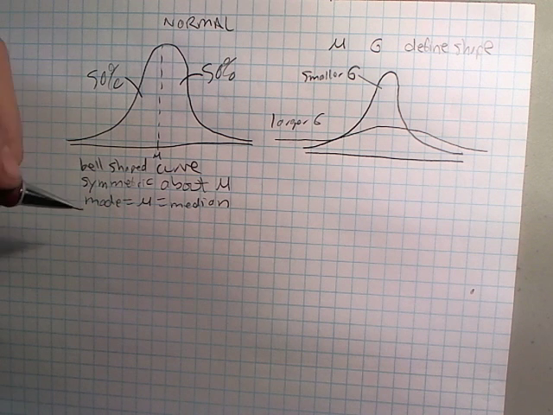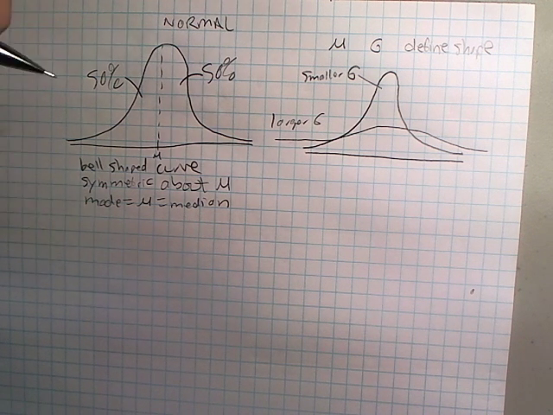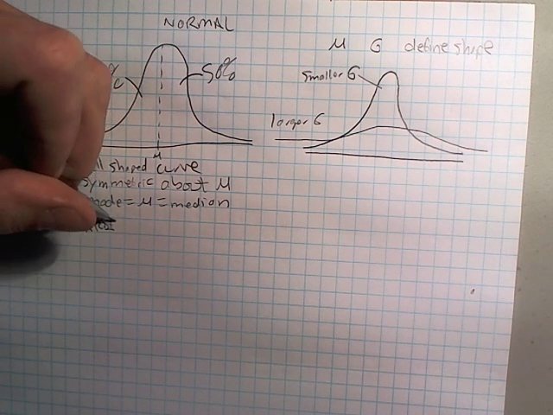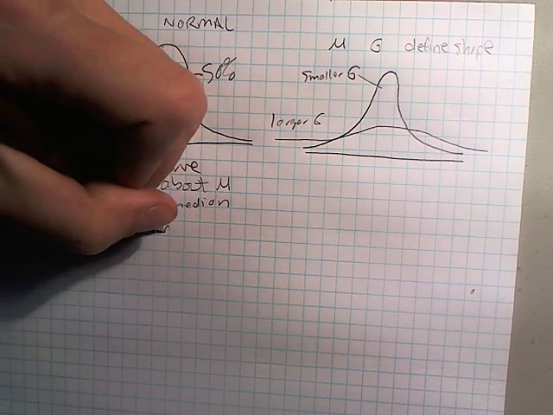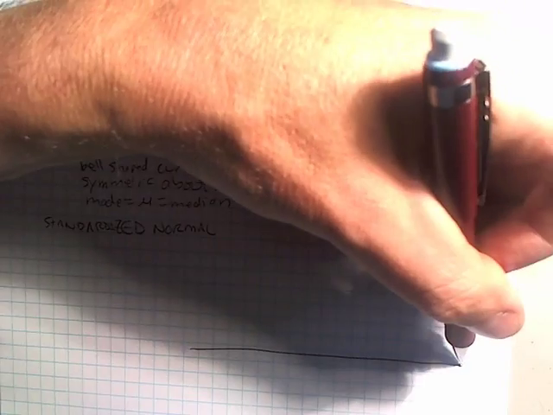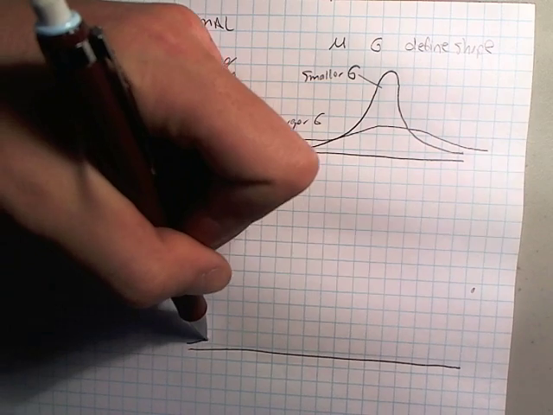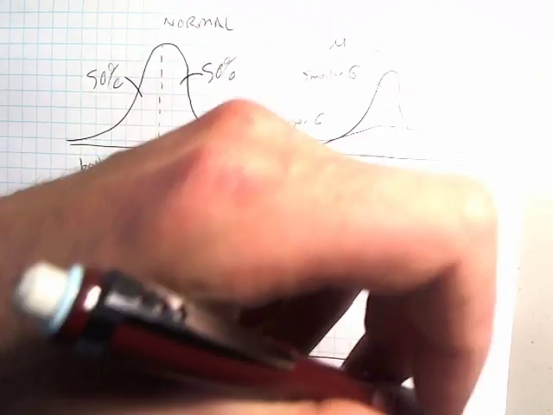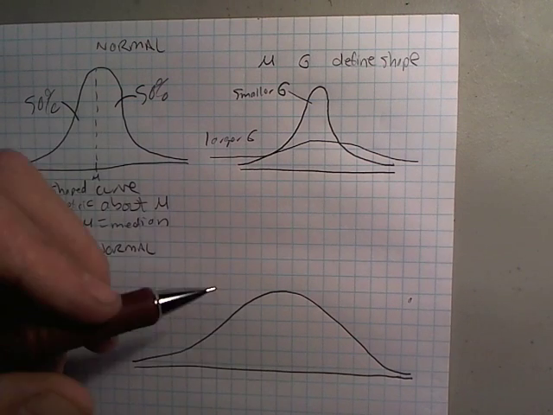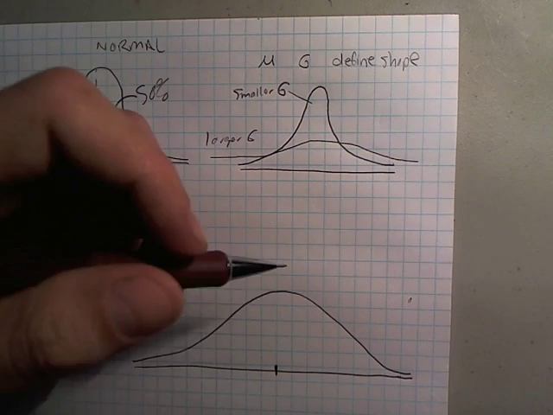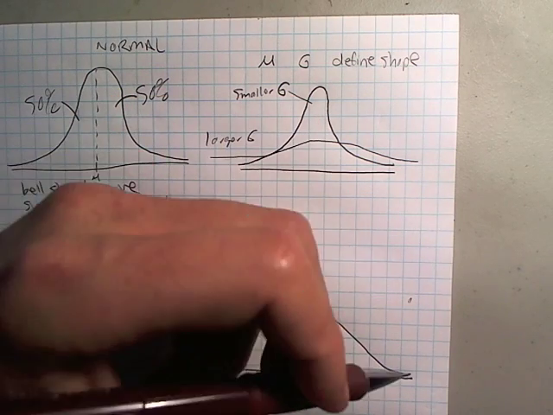We'll now talk about a specialized version of this distribution, which is called the standardized normal distribution. And let me go ahead and sketch a distribution over here. And just for the sake of illustration, let's make a few marks on the x-axis.